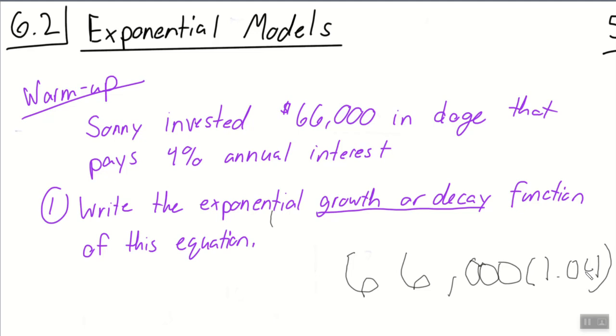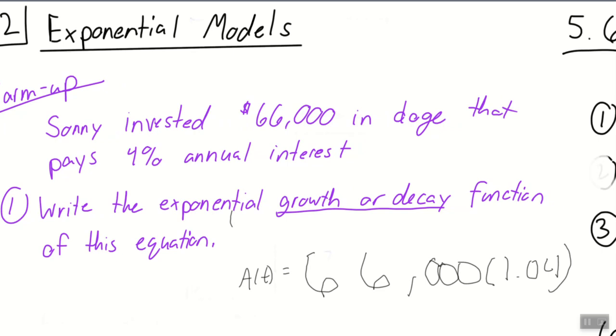What's my input? Add to this equation. Okay, equals A of t. Where do I need to put my exponent if it's an exponential growth?